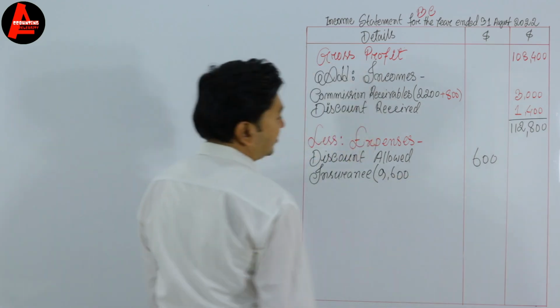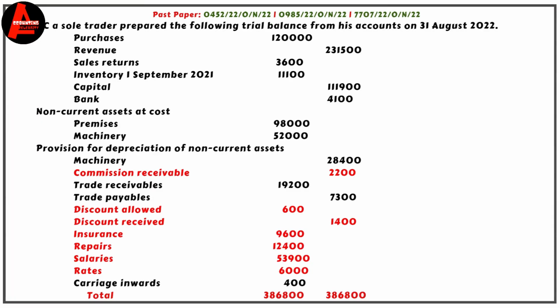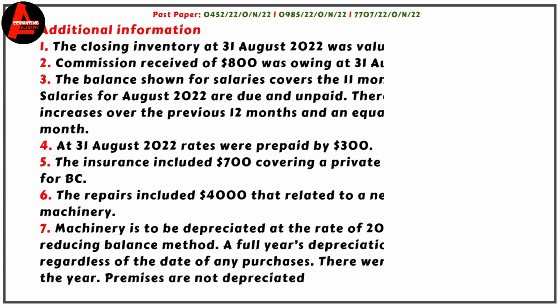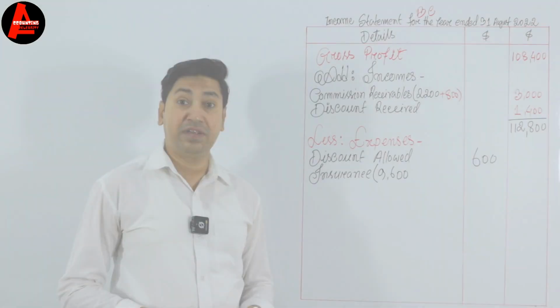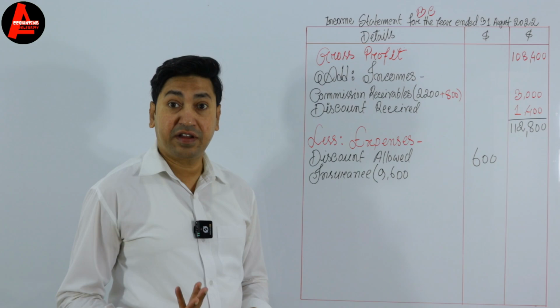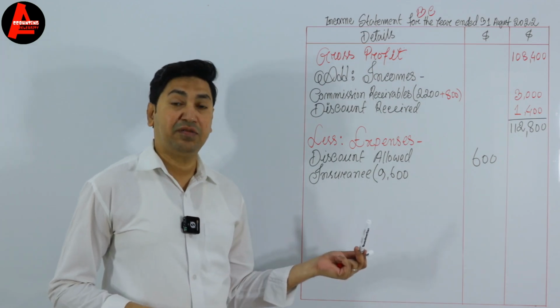Then we have insurance, $9,600. We wrote insurance here because we have an adjustment. In the question, adjustment number 5: the insurance included $700 covering a private insurance premium for BC. BC is the owner of the business, so the owner's related expense will not come in this income statement.